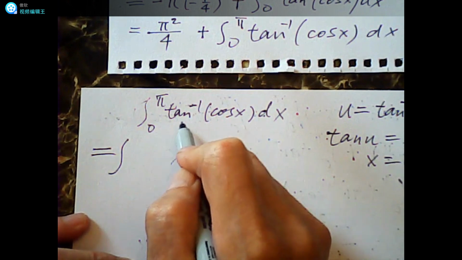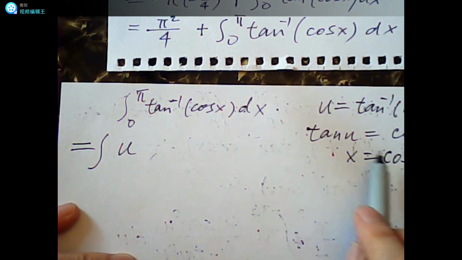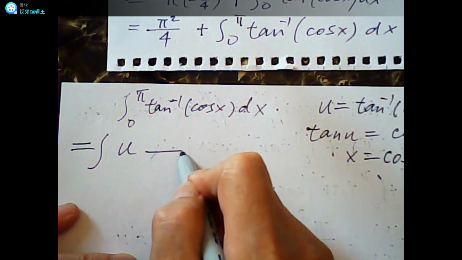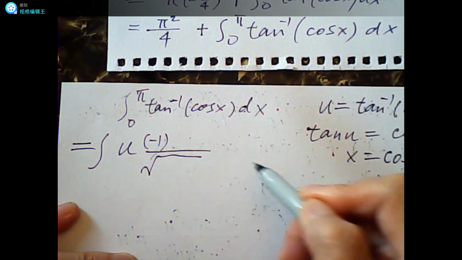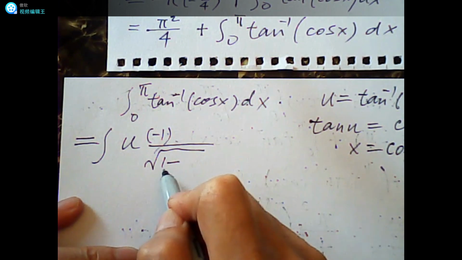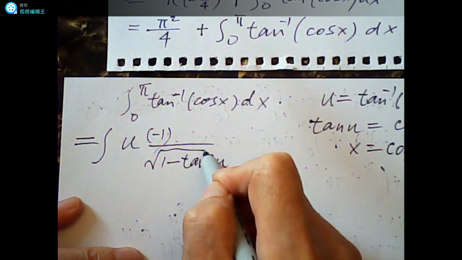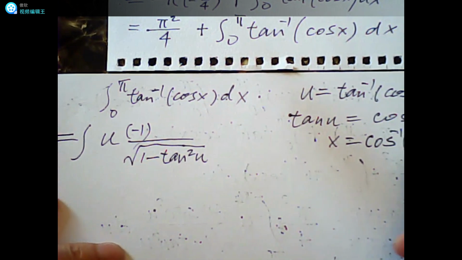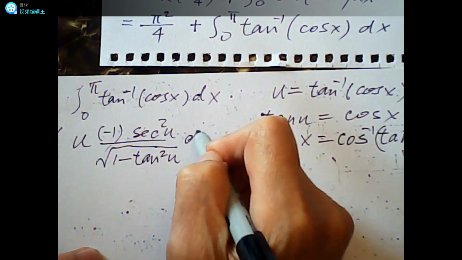This becomes u. Dx will be negative 1 over the square root of 1 minus tangent square u, times the derivative of tangent u, which is secant square u, and the du.